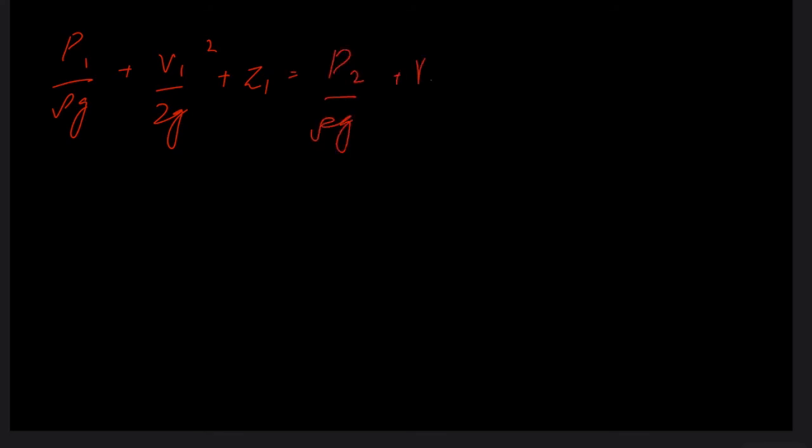So let's write it first: P1 over rho G plus V1 square over 2G plus Z1 is equal to P2 over rho G plus V2 square over 2G plus Z2 plus HL total. This was our modified Bernoulli equation, right?